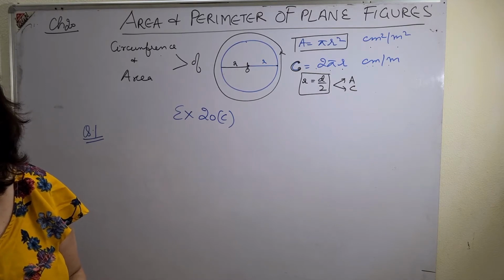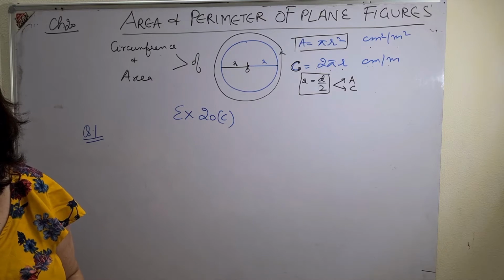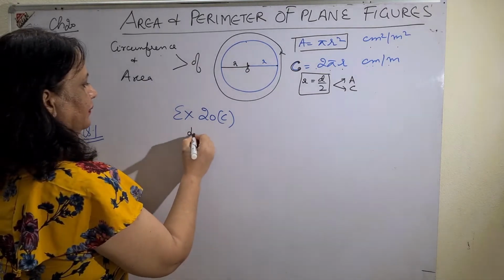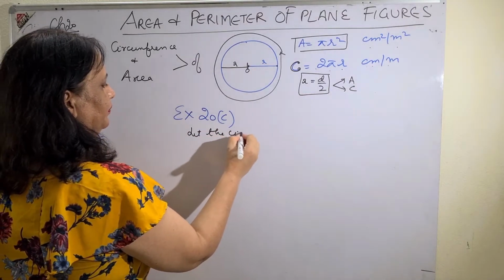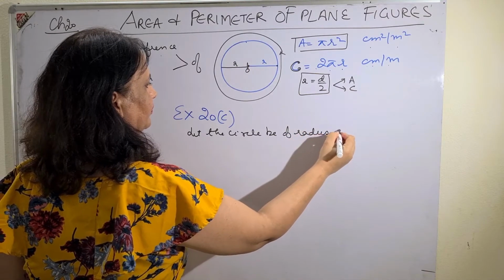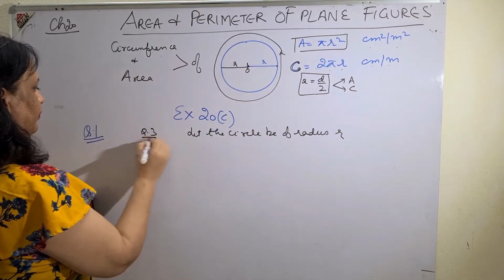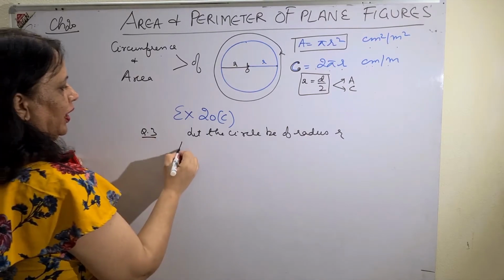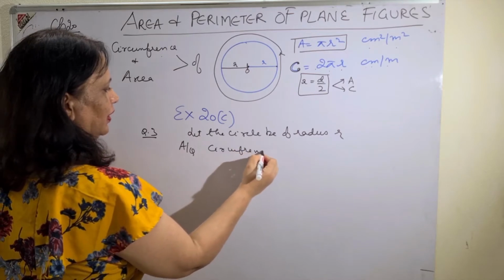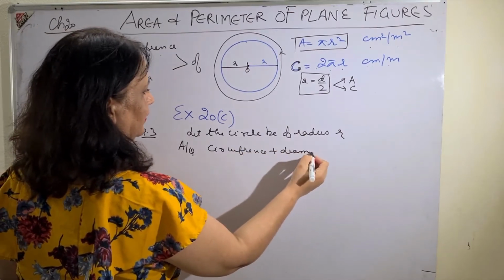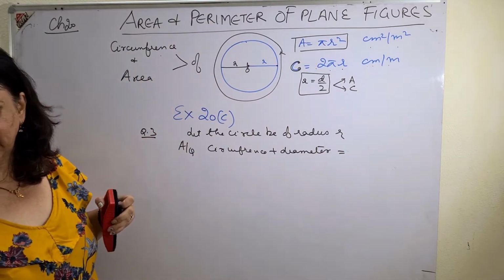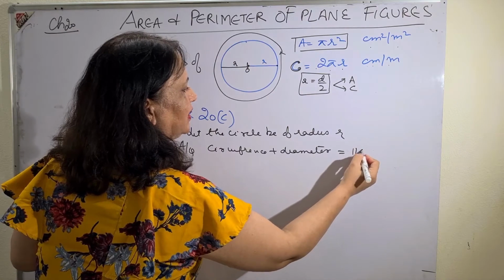A very simple one. The sum of the circumference and diameter of the circle is 116 centimeter. So let the circle be of radius r. According to the question, circumference of this circle plus diameter of this circle is equal to 116 centimeter.